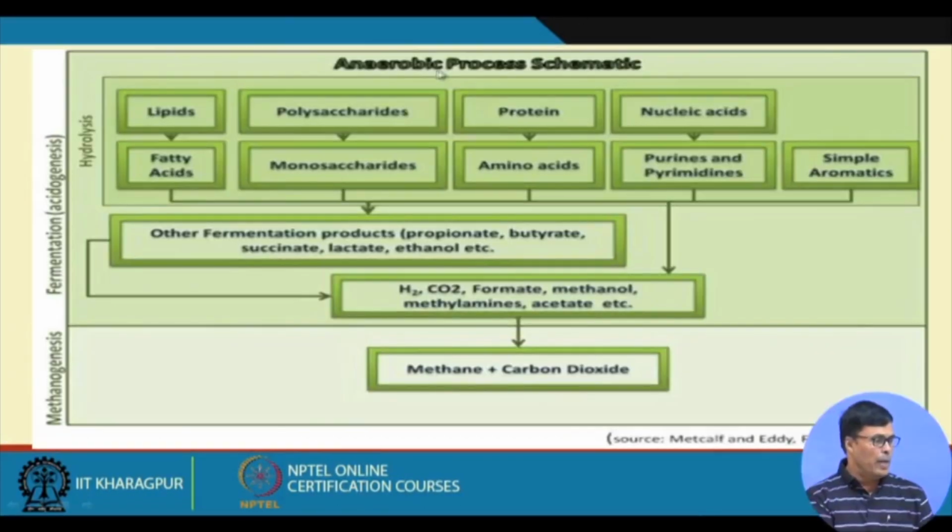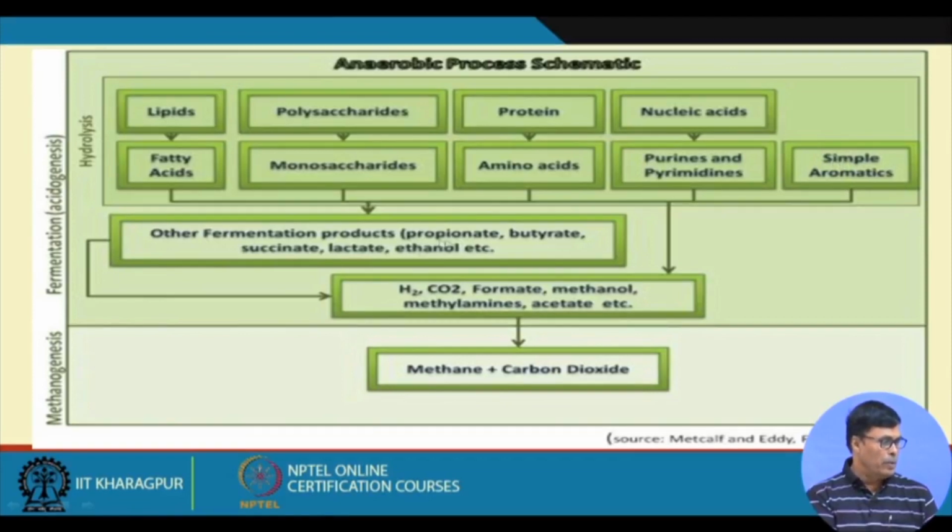Now, if you look at how the degradation takes place, I told you this is lipid, polysaccharides, proteins, and nucleic acid. The lipid will degrade to fatty acid, polysaccharide will degrade to monosaccharide, proteins will degrade to amino acids, and nucleic acid will degrade to purines and pyrimidines and simple aromatics.